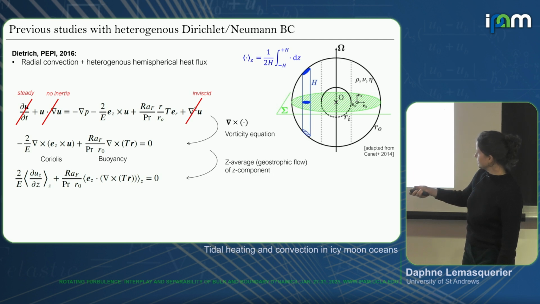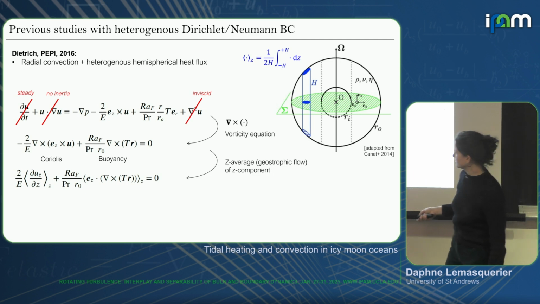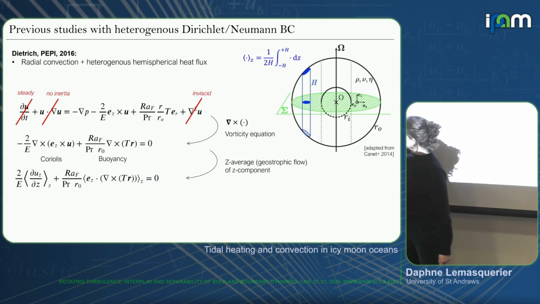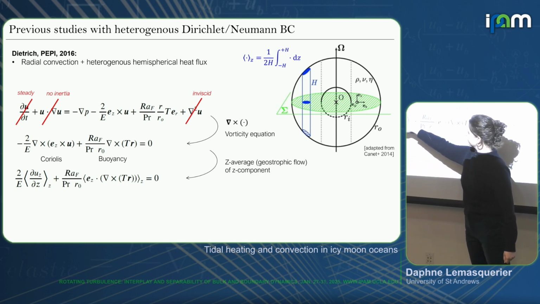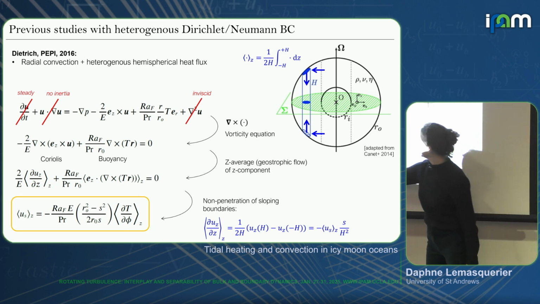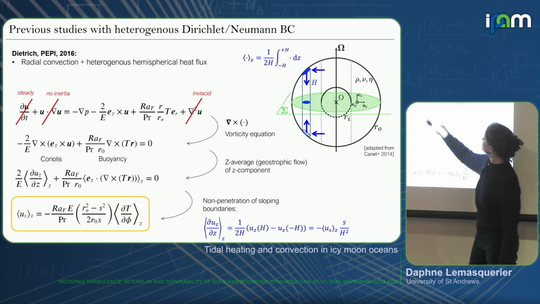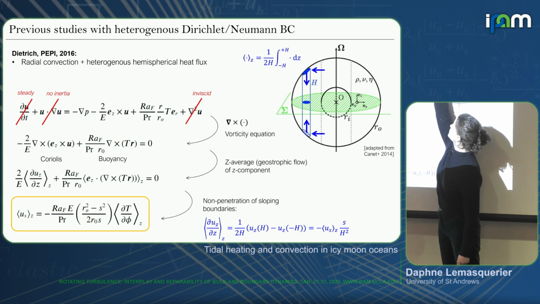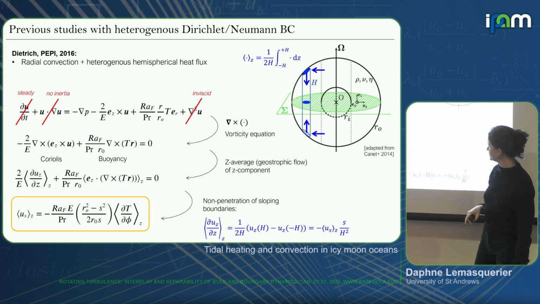Okay, so that's the equation that you get. And here you see that you have the vertical average of the z derivative of the vertical component of the velocity. And so you can express this as the difference between the vertical velocity at the top and at the bottom of your fluid column.